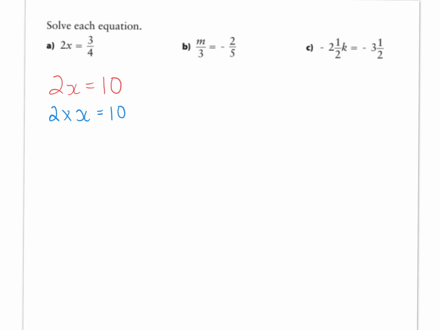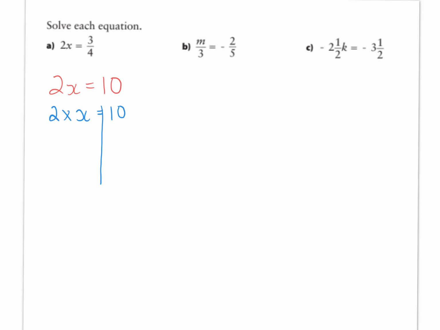If I'm going to cancel this multiplication, I need to do the opposite to it. Because if you apply division to something that's being multiplied, it disappears. You've canceled it.